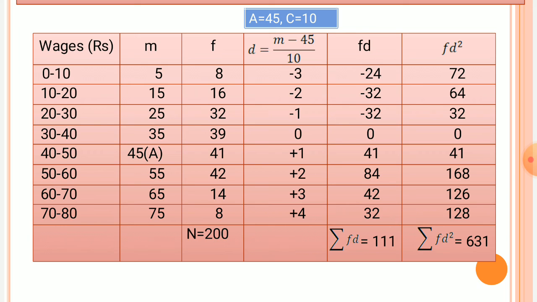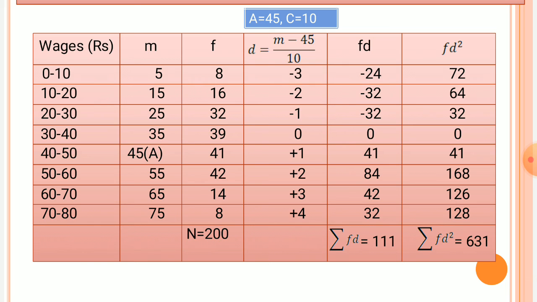And then finally fd into d, fd square: minus 24 into minus 3 is 72, minus 32 into minus 2 is 64, minus 32 into minus 1 is 32, 0 into 0 is 0, 41 into 1 is 41, 84 into 2 is 168, 42 into 3 is 126, and then finally 32 into 4 is 128.